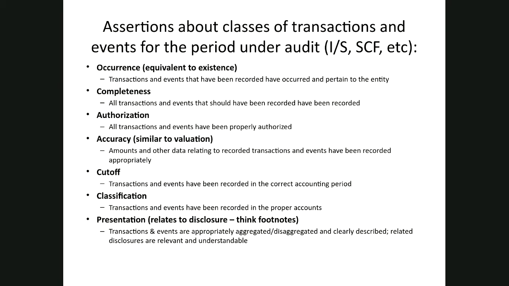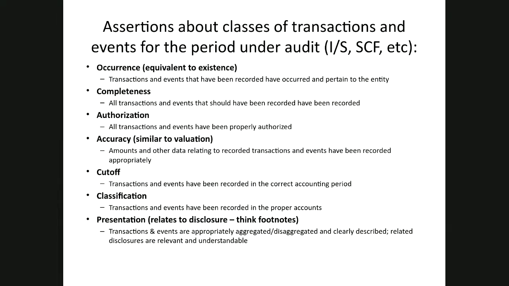So this would be where things like shipping terms become really important, right? Because you can have sales, say, on December 30th, December 31st, shipped out, but they are shipped FOB destination.